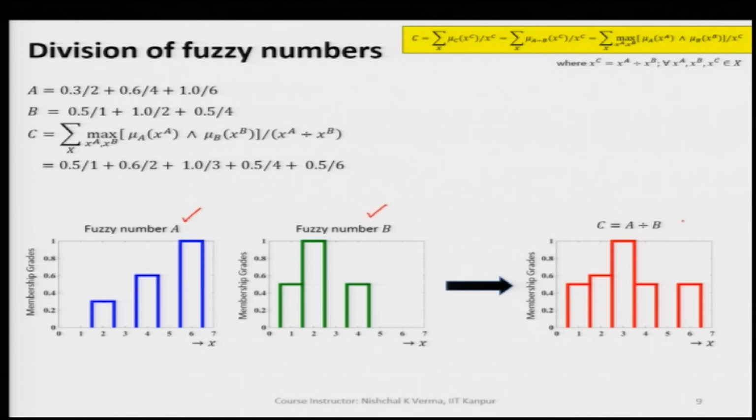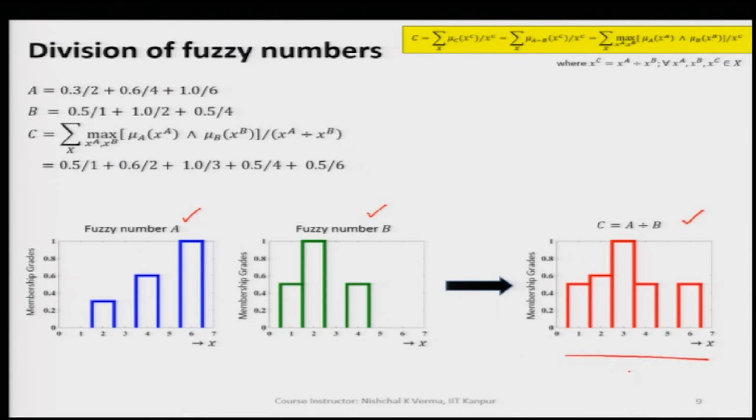As a result of fuzzy number A divided by fuzzy number B, we got another fuzzy set C, and we can check if this satisfies the criteria of normality and convexity, and if it does, we can say we are getting a fuzzy number C. But as I mentioned, we do not always get a fuzzy number, so we need to check before we say that C is a fuzzy number.